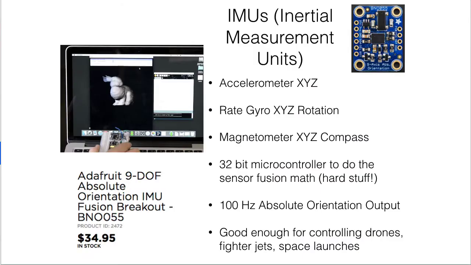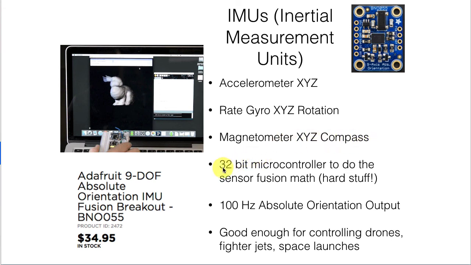And finally, if we take all of these pieces and put them together into an inertial measurement unit, or IMU, we'll have an accelerometer that gives us XYZ acceleration in the 3 directions. We'll have a rate gyro that tells us how quickly we're rotating in each of those directions. And we'll have a magnetometer, which gives us compass orientation.